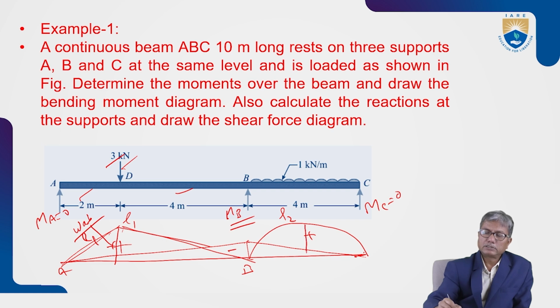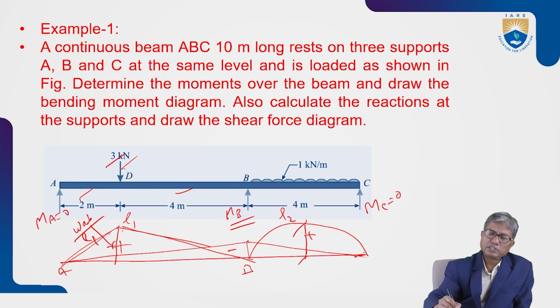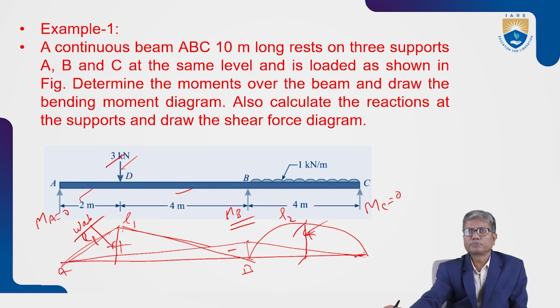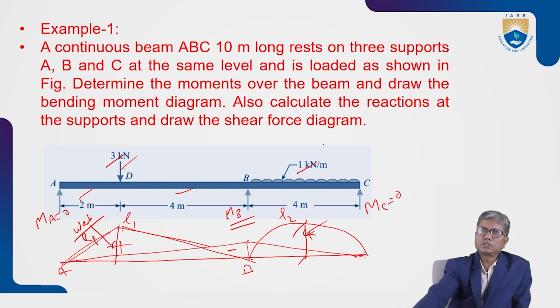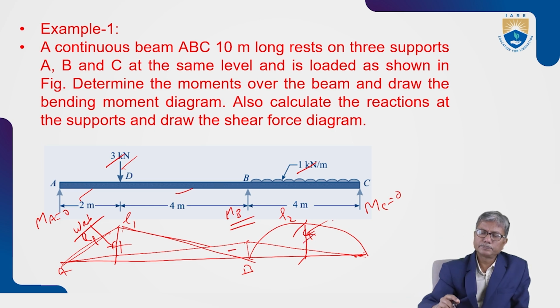And here the maximum bending moment is at mid-span, maximum positive bending moment at mid-span, equal to WL square by 8. W is here the UDL, 1 kilonewton per meter, L is 4. So WL square by 8 is the maximum bending moment at mid-span of BC.